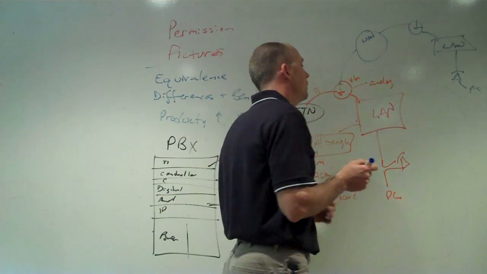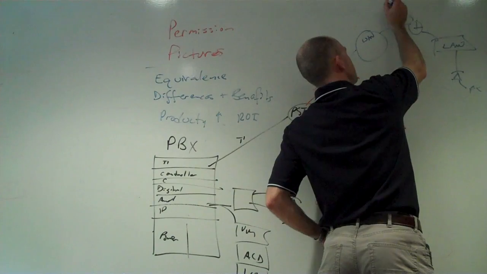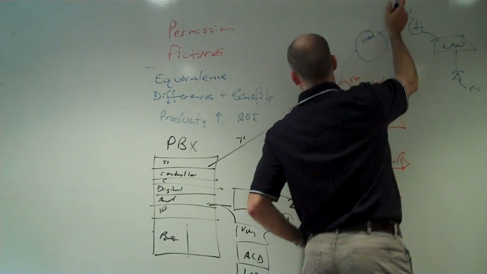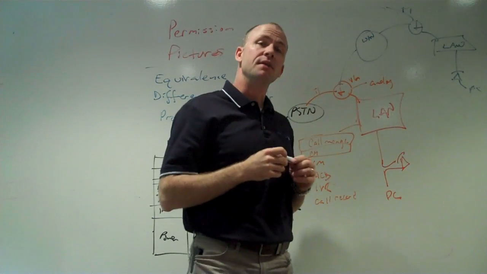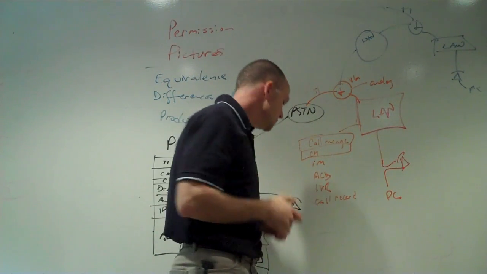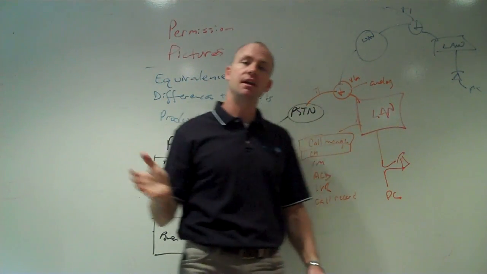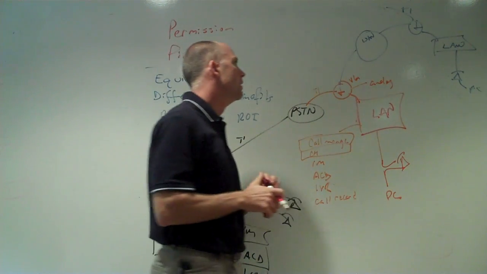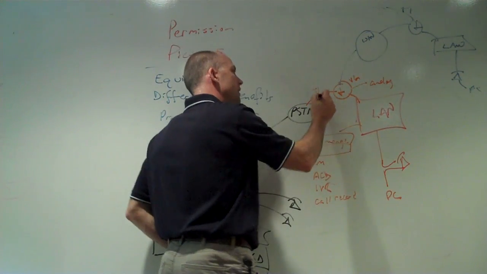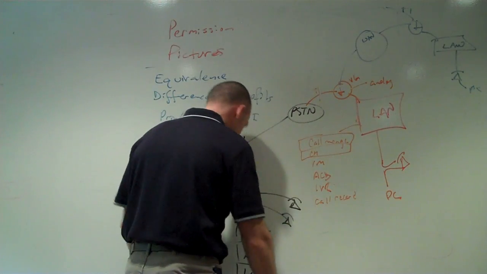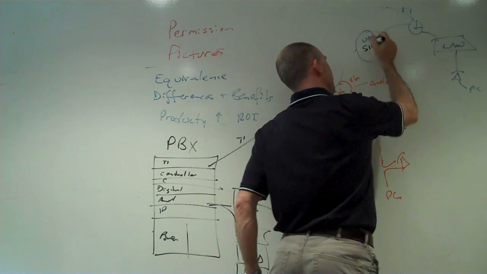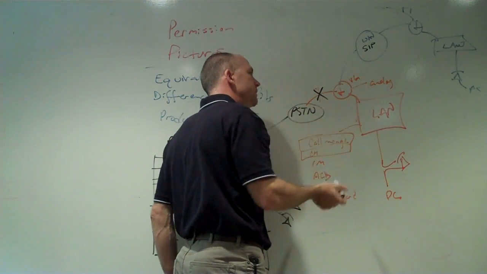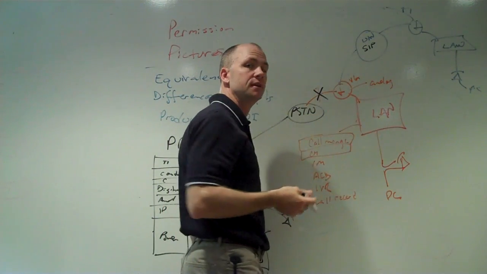Now, you could use the voice T1 and connect to the public service telephone network at the remote site. But one of the big benefits of going IP telephony is to use a new cost-saving technology that the carriers have already used for a number of years, and that's to get rid of the T1s and replace them with something called SIP trunking, which is just the delivery of voice calls in data format.